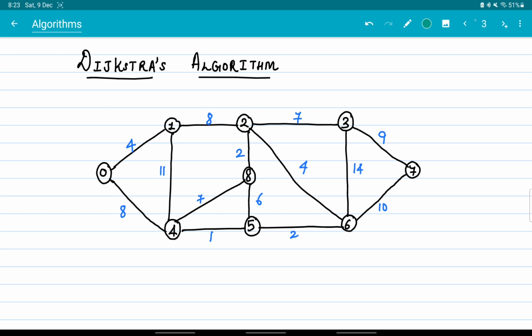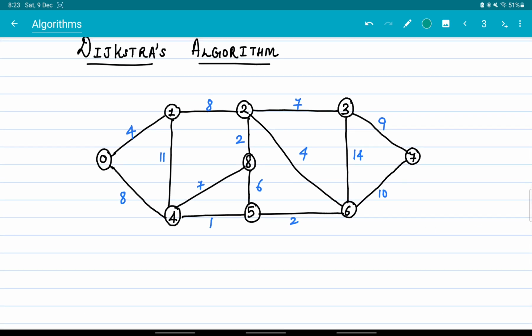Okay, so this algorithm may sound confusing to someone who is listening to it for the first time, so I request you all to please pay 100% attention to this. The first thing you're going to do is select one source, which is your starting source, and you will put the value of that distance as 0. Suppose my starting source that I've taken here is 0.